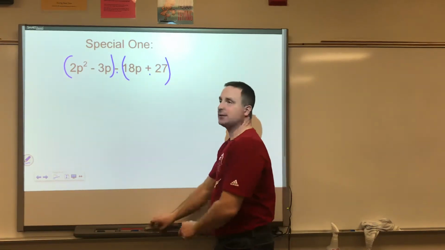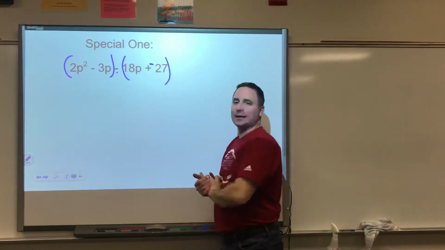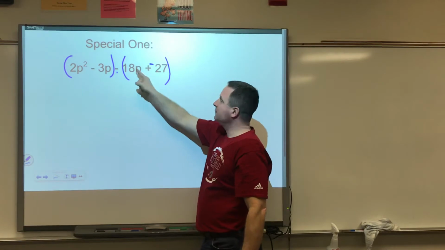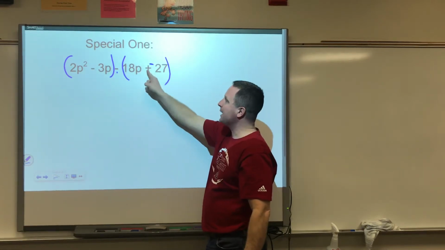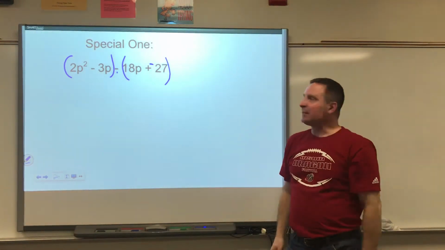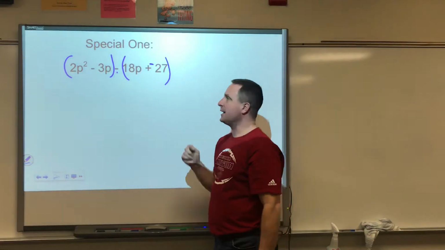So instead of a positive 27, that needs to be a negative 27. Now if I multiply that negative 1 times a negative 27, it turns it to a positive 27. And then we're in business. So again, if there's a minus sign, change the sign on the last one.